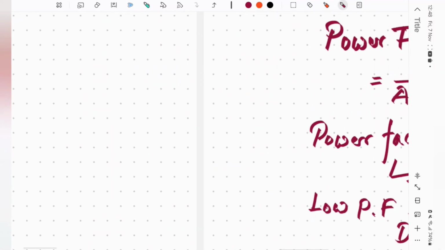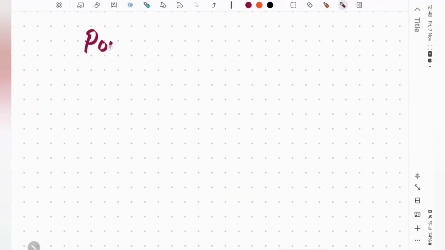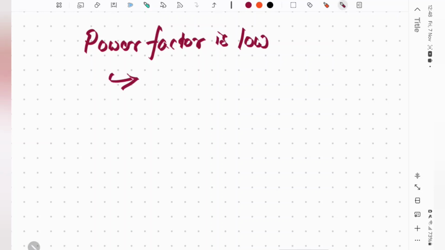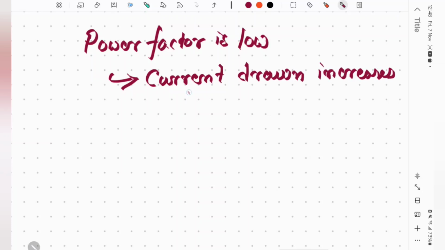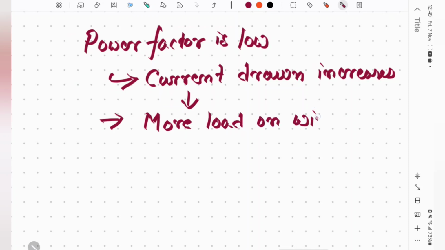When the power factor is low, the current drawn increases. If the current drawn increases, there is more load on the wires.